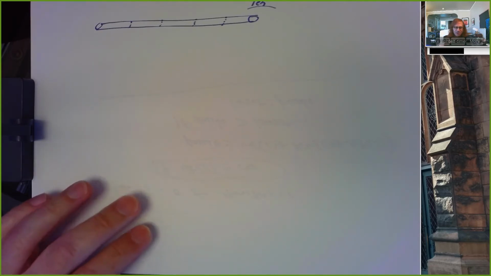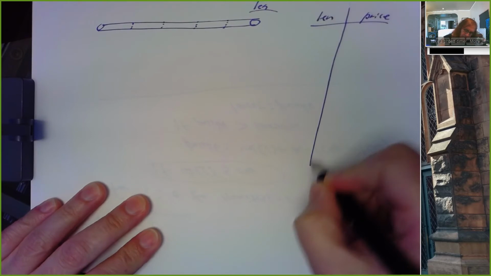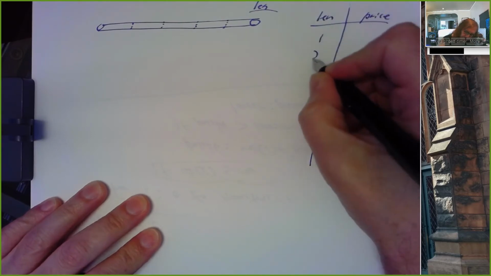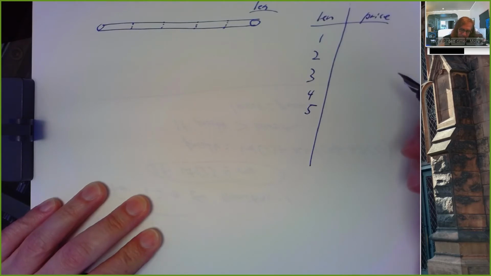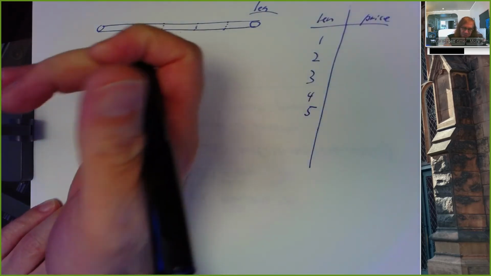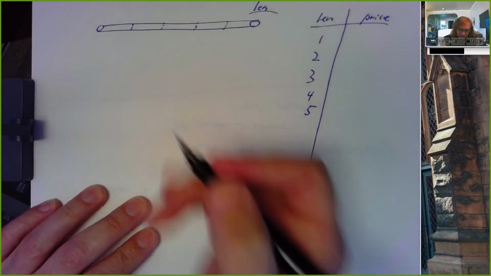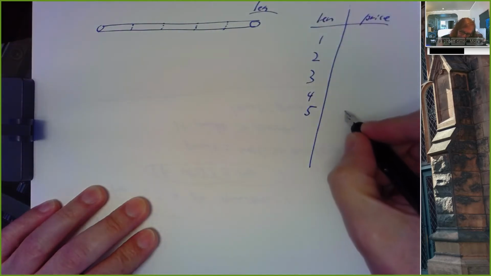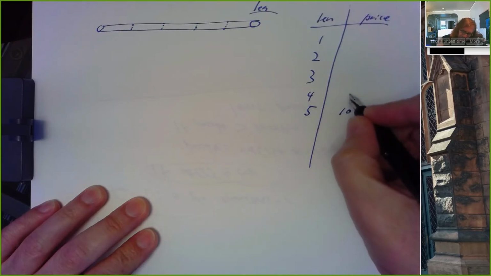And so if you have a pricing table like this, which says what the value is on the street for rods cut into certain lengths. For example, let's say a 5-inch rod is worth $10. A 4-inch rod is worth $8.